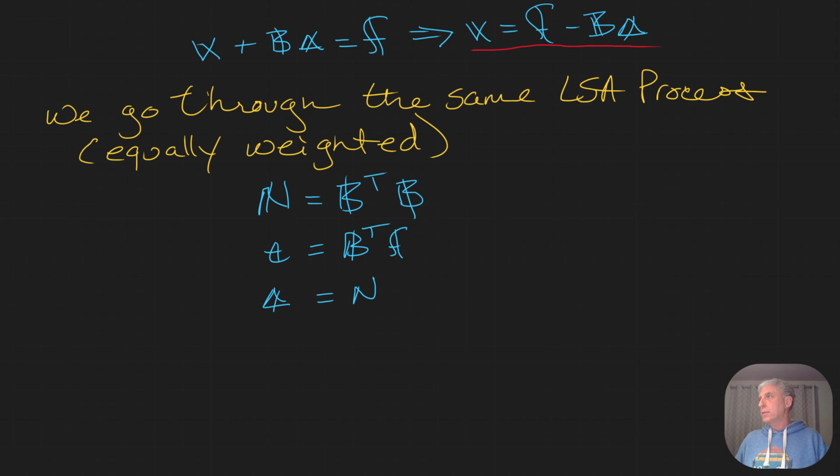This is nothing new, times our T that we just did in step 2. And then finally, our V matrix is equal to F minus B delta, which is what we came up with above.